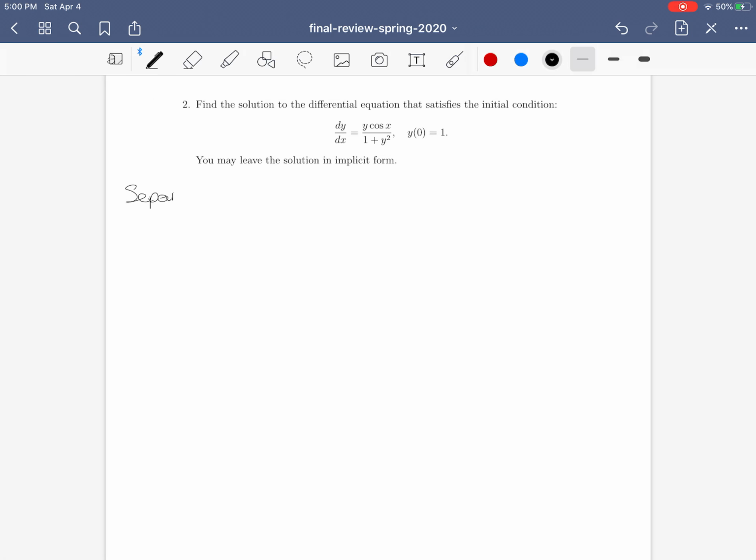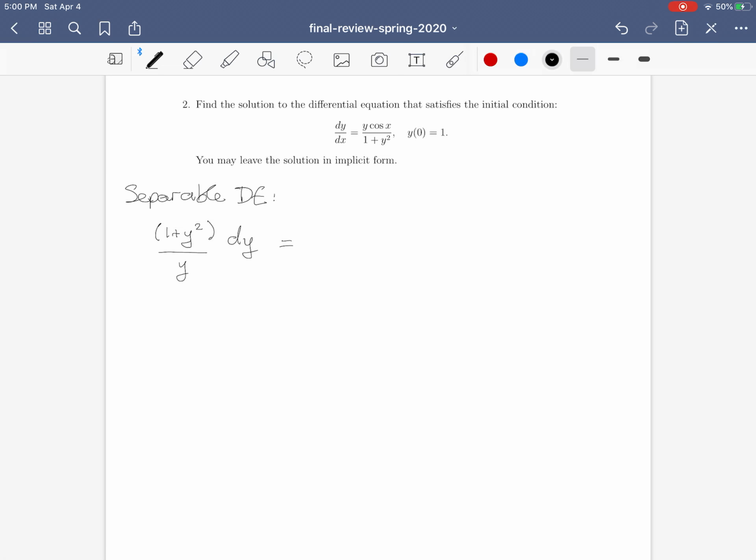So the first thing we recognize here is that this is a separable differential equation. Our function on the right-hand side here separates into a function of y multiplied by a function of x. So what this means is that I can move my y terms over to the left-hand side. So I get a 1 plus y squared divided by y dy.